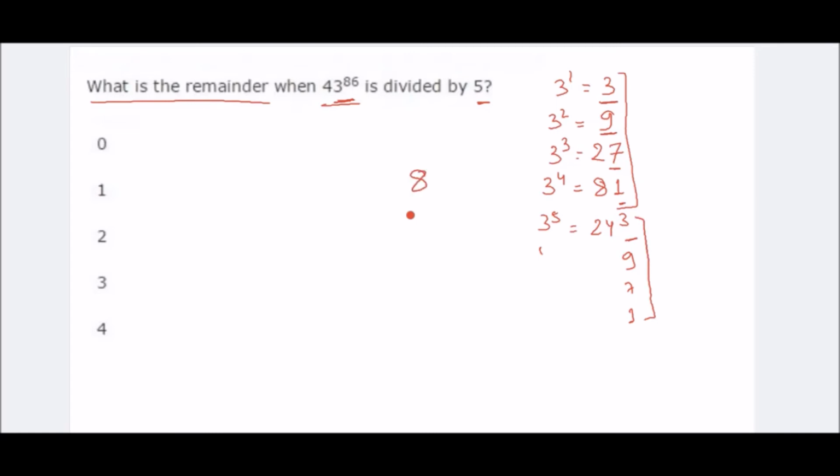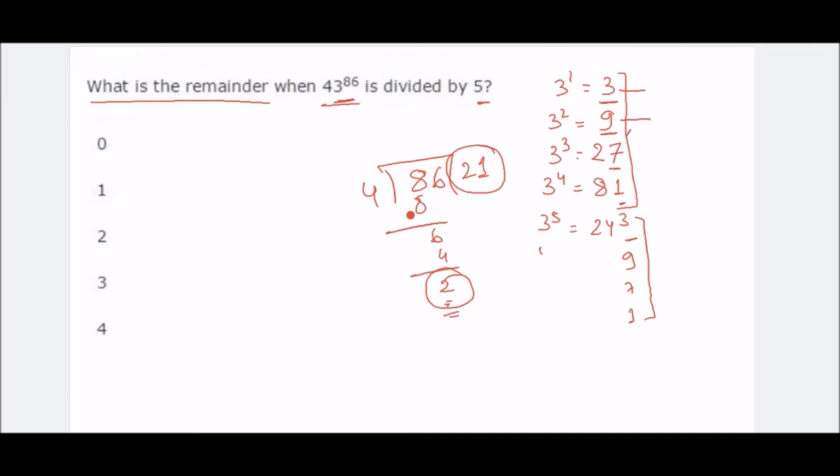So for power 86 we will divide it by 4, so that we can find the pattern. 4 times 2 becomes 8, and 6, 4 times 21 is 84, that will leave remainder 2. See here, 21 patterns are completed, then the remainder is 2, that is the second value, first and second.